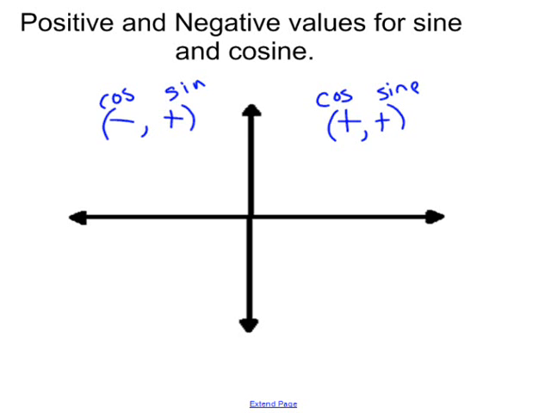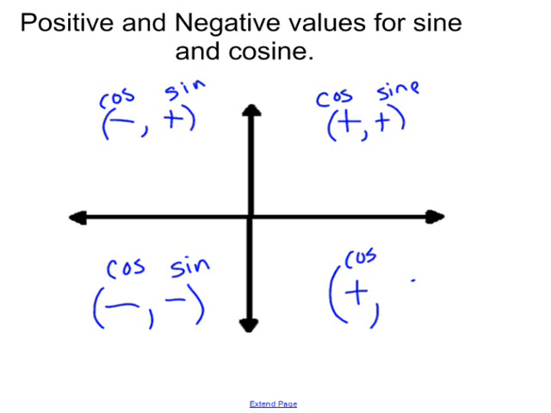In the third quadrant, we found out that both of those were negative. And in the fourth quadrant, we found out cosine was positive and sine was negative.